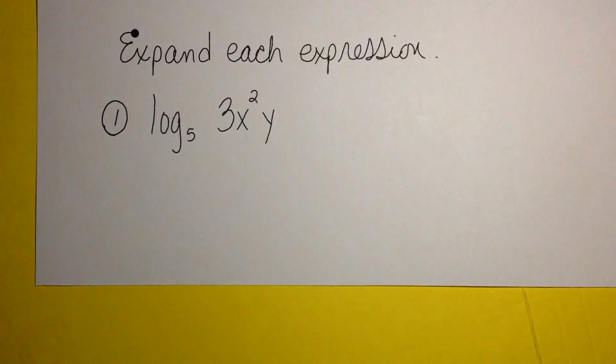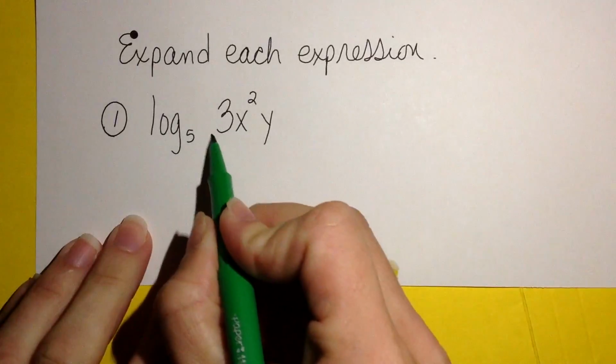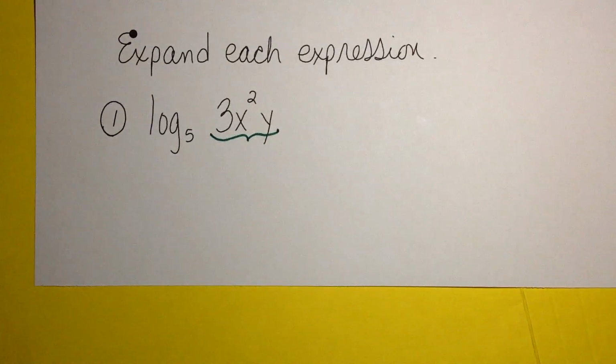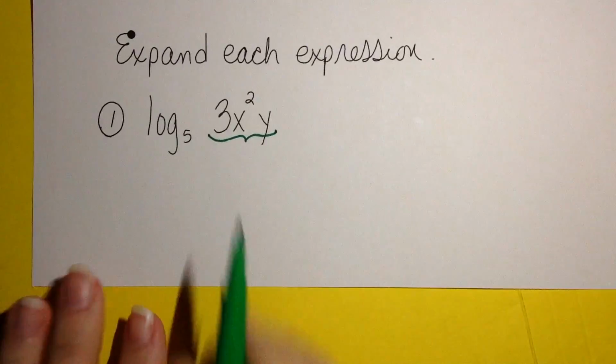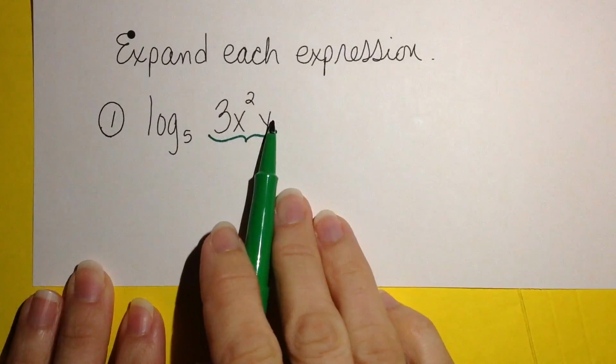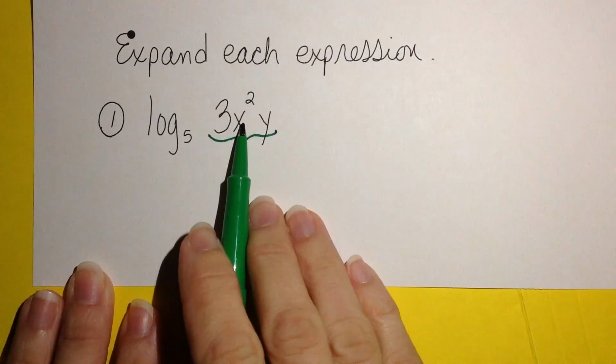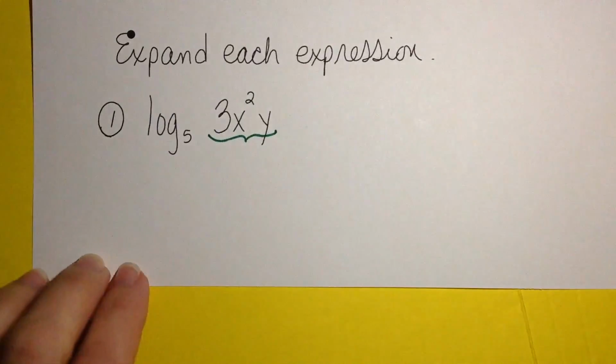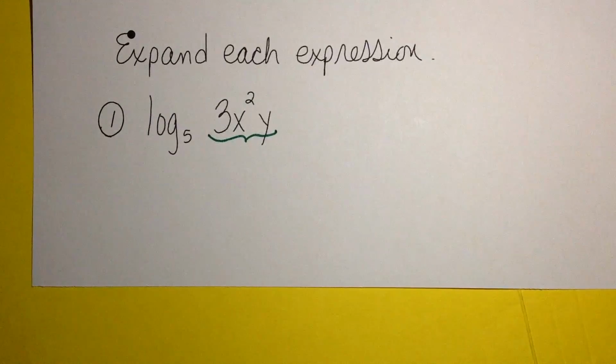The first one that we're going to look at is expanding. When you look at your argument, you're looking for multiplication, division, or an exponent. This example has multiplication. You have three things that are being multiplied, and this factor happens to have an exponent. So we'll be using what I labeled as the number 1 and number 3 rules.